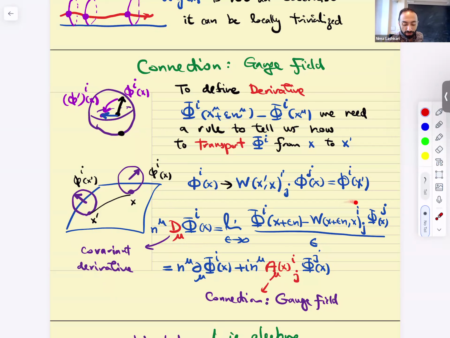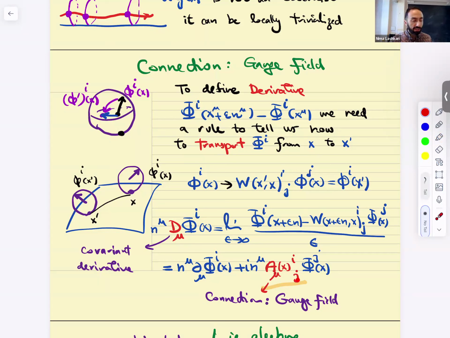It will involve the expansion of this when epsilon is small for nearby points. And the first order coefficient of that is a field that is called a gauge field. It's a connection. Geometrically, we call this a connection. It's something that allows me to compare nearby points, right?